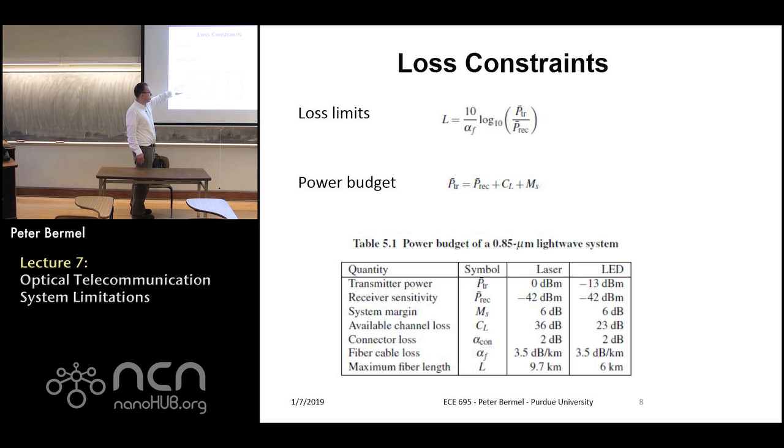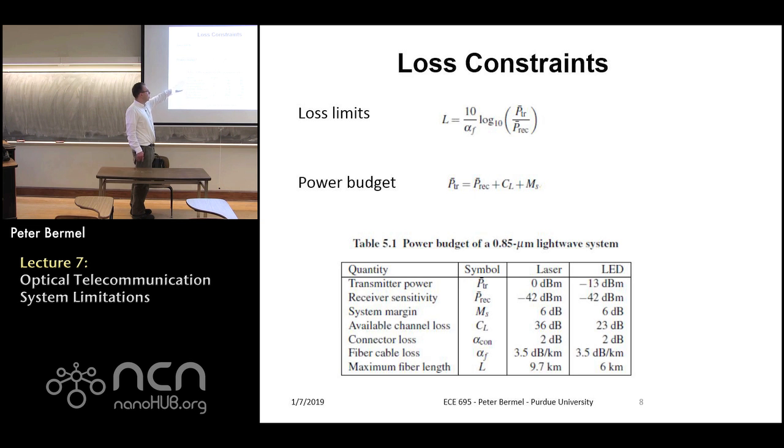The receivers are the same, of course, for both cases, laser and LED. But the laser may have to tolerate higher channel loss, and so that comes up as CL here. And of course, you have fiber cable loss and connector loss that are basically the same at a given wavelength, right?